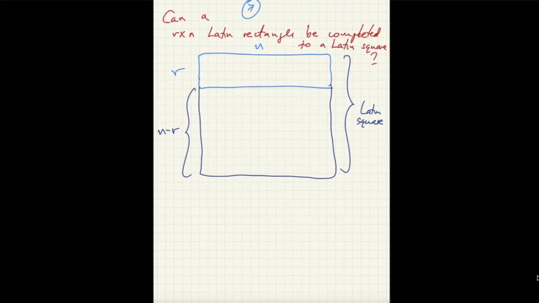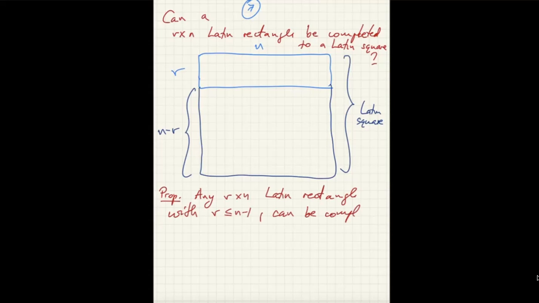And it turns out that the answer is yes. And to do that, all we have to prove is the following proposition: that any R by N Latin rectangle with R at most N minus 1 can be completed to an R plus 1 by N Latin rectangle.